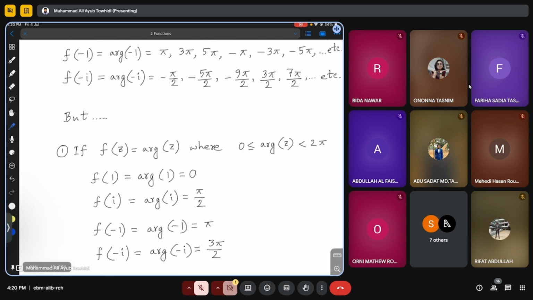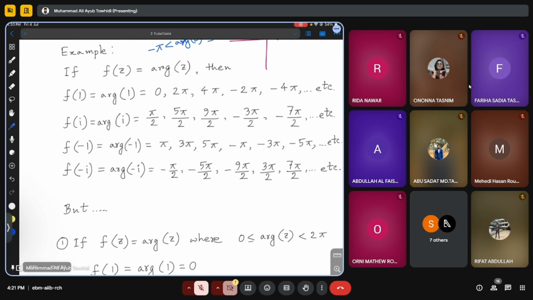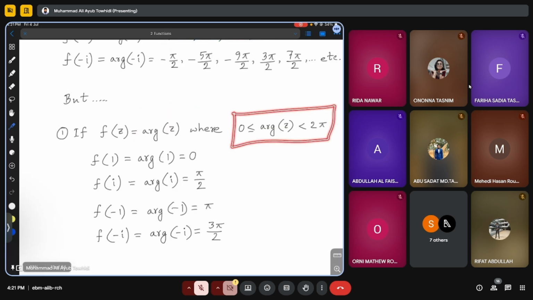See, if I say f of z is argument of z, where argument of z has to be between 0 and 2 pi, then f of 1 or argument of 1 has to be only 0. Similarly, f of i, argument of i, previously it was pi by 2, 5 pi by 2, 9 pi by 2, minus 3 pi by 2, minus 7 pi by 2, anything. But when I say it has to be within this range, it has to be only pi by 2.